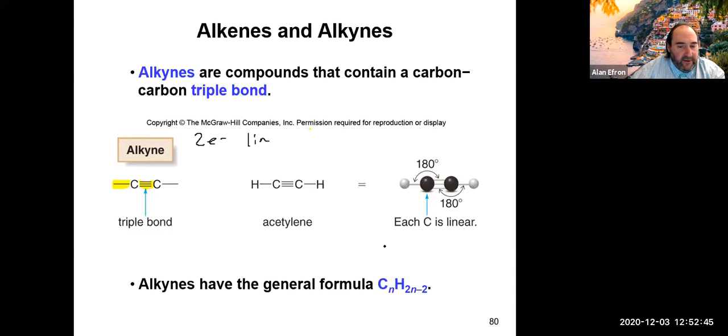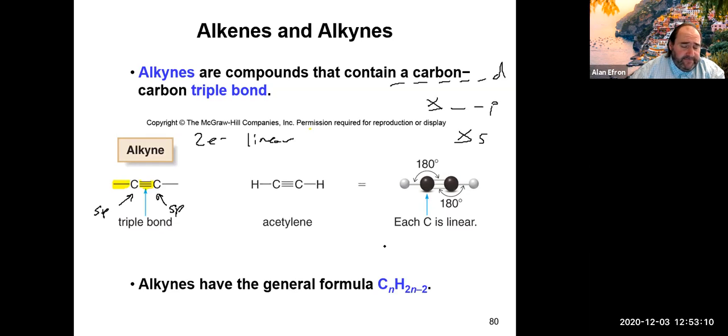That is our linear geometry, 180 degrees. In terms of our hybridization, I got 2, so that is an s and a p. So that is sp hybridized on either side there.